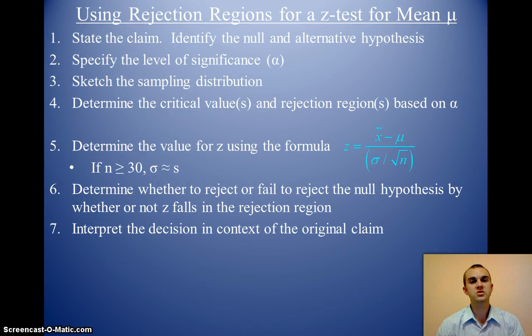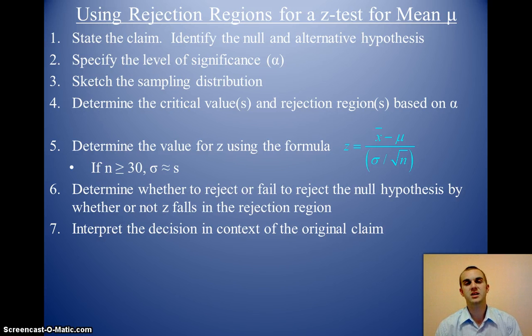Now, if I want to use those rejection regions to help me run tests for the mean, the first thing I'm going to do is state my claim, my null, and my alternative hypothesis. I'm going to specify the level of significance. I'm going to sketch the sampling distribution like we just did, and determine the critical values and rejection regions and place those on the distribution.